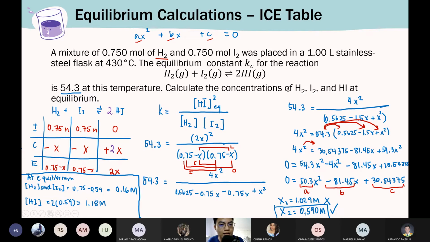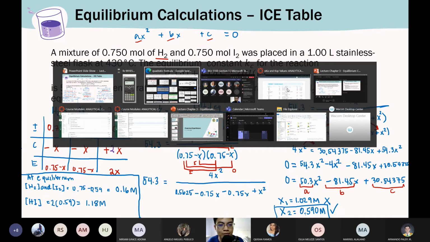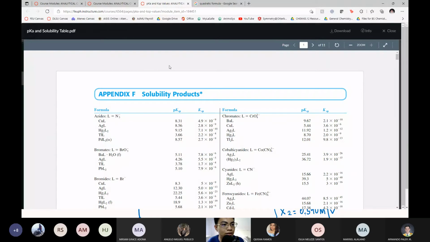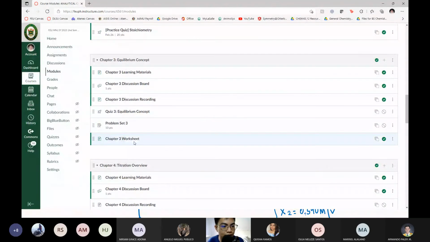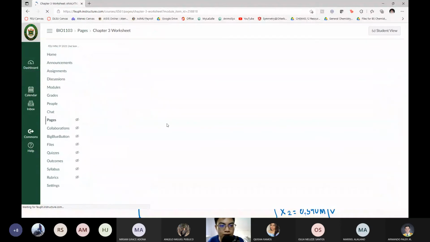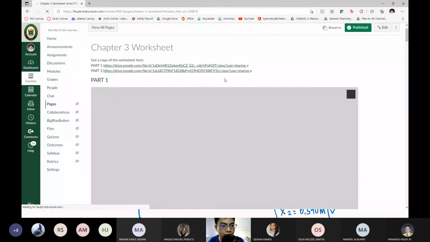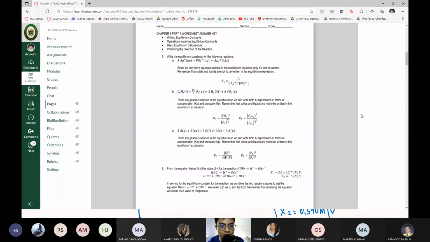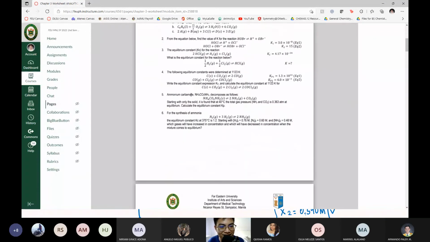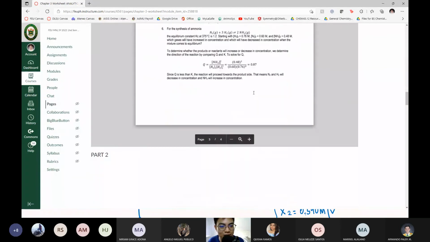Kung gusto nyo mag-practice ng marami, may worksheet naman tayo. Okay? Don't forget may worksheet tayo. Dito naglagay na ako ng sobrang daming problems na pwede nyo gamitin. So part 1, part 2 yan. Hindi kayo magsasawa sa questions. Okay? Sa part 2 yung ice table.